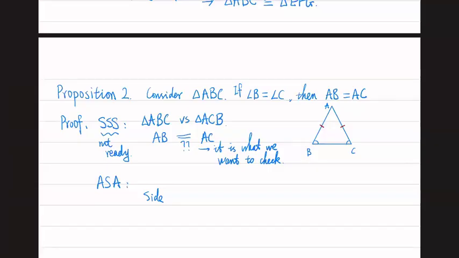Okay, so I'm going to pick BC for the first triangle. What's the corresponding edge for the second triangle? CB, yes. These two edges, do they have the same length?